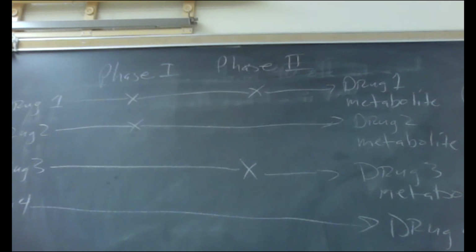There are some people deficient in 2C19. 3 to 5% of all Caucasians are 2C19 deficient. Asians, however, 12 to 23% are deficient for 2C19. That's something to keep in mind.